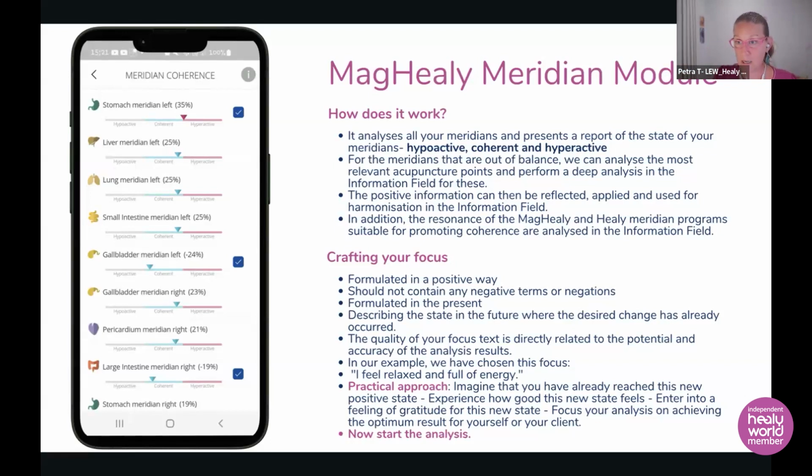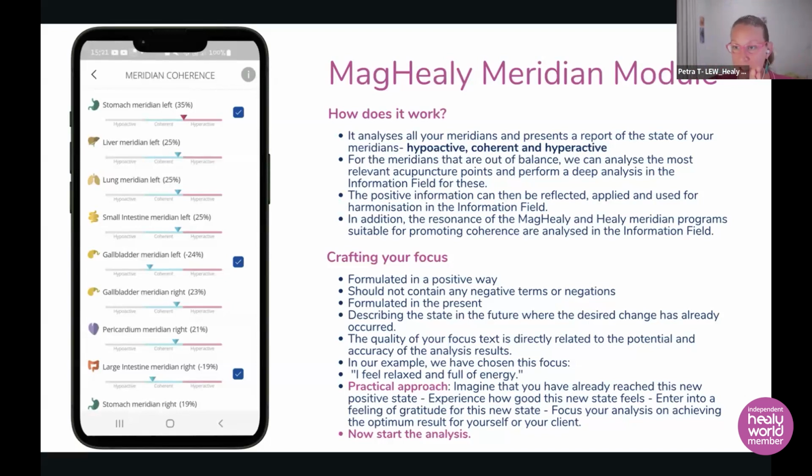We vibrate that to ourselves into our information field in order to change the patterns and harmonize the meridians and the channels of energy. In addition to resonance of MagHealy and Healy Meridian programs, we have both programs here. So this is not just when you went to Healy, you had your Meridian programs. Those are IMF programs.